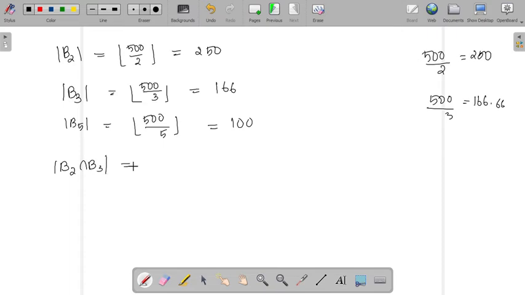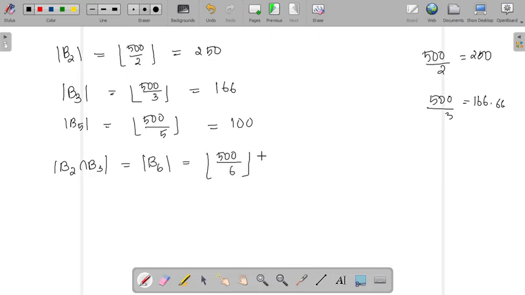That is the set of all x such that it is divisible by both 2 and 3. So that will be cardinality of B6, since x divisible by both 2 and 3 must be divisible by 6. So that is integer function of 500 by 6.